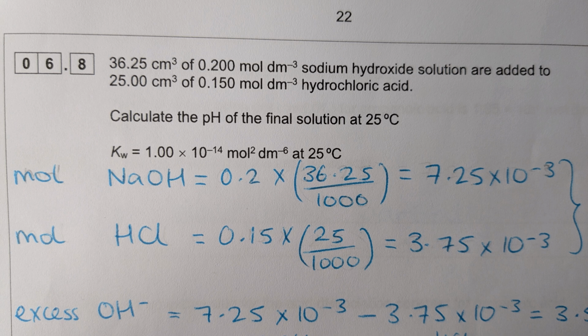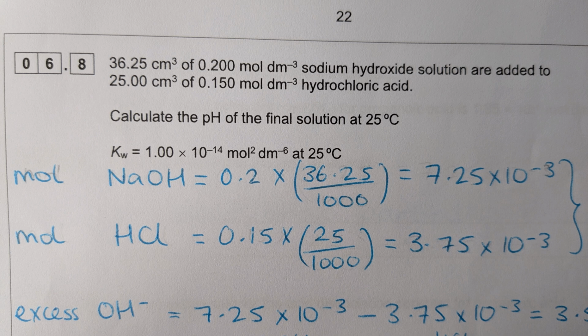The first thing we need to do, we've got 2 bits of information about the strong base and the strong acid, so we'll calculate moles of each of these by using concentration times volume, remembering to convert your volumes into decimeters cubed. Then some of that sodium hydroxide will be used up in the reaction, so some of it's going to react with the acid.